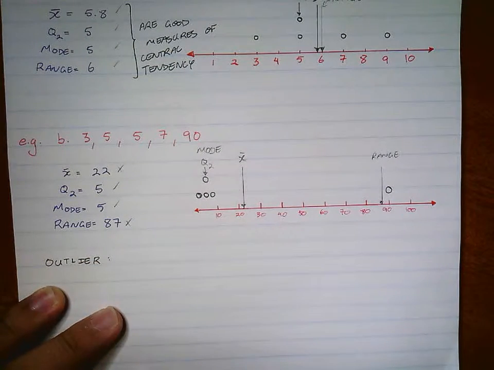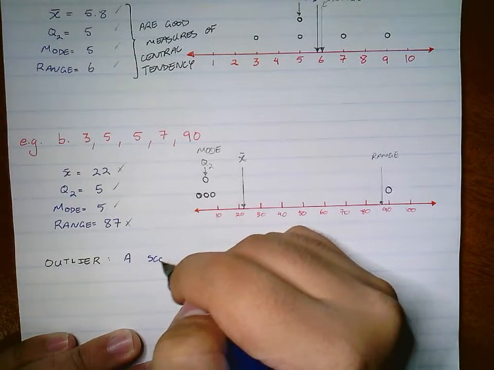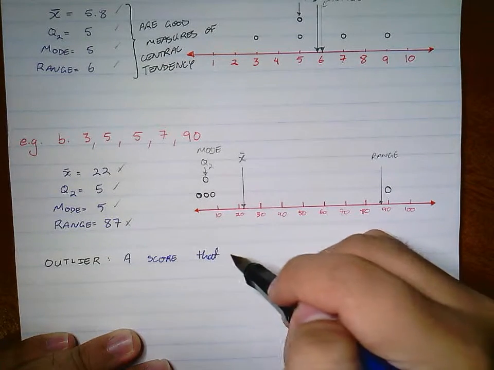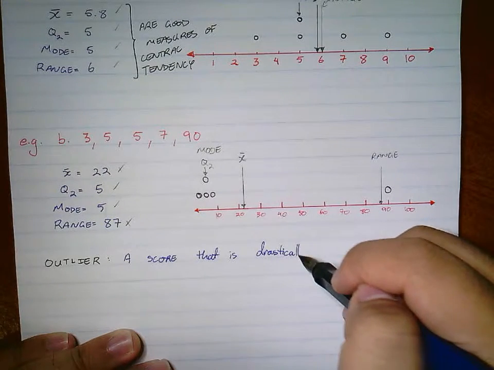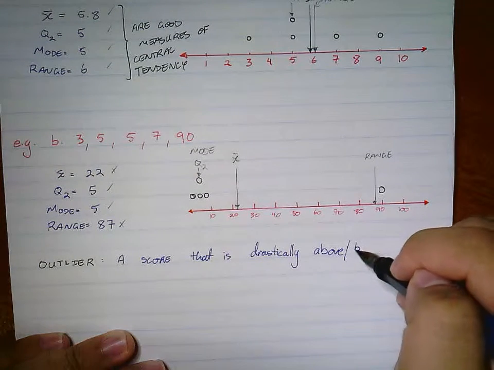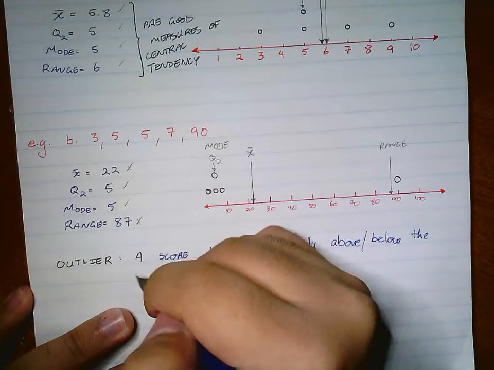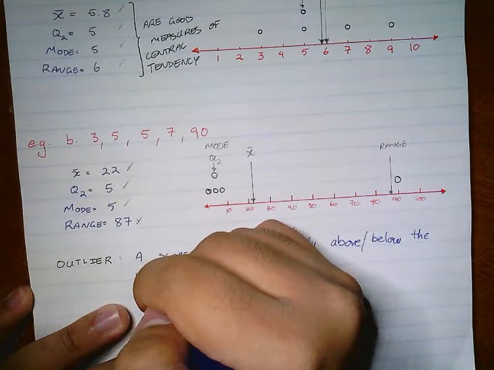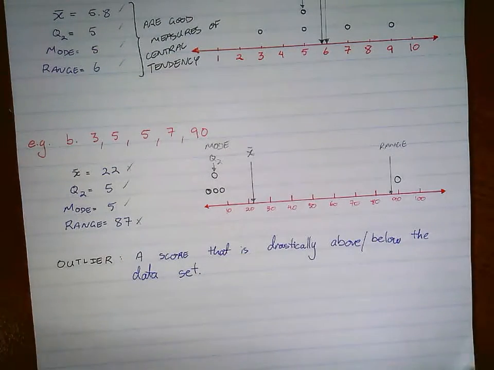And an outlier can be easily defined as a score that is drastically above or below the data set.